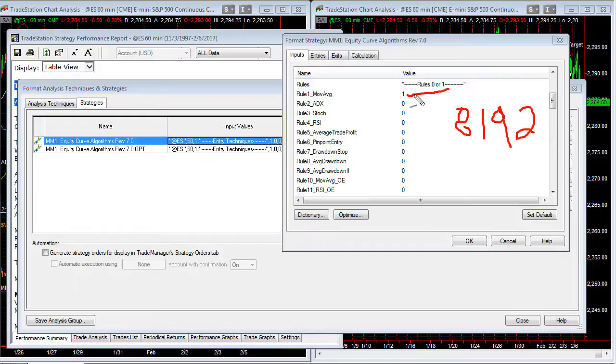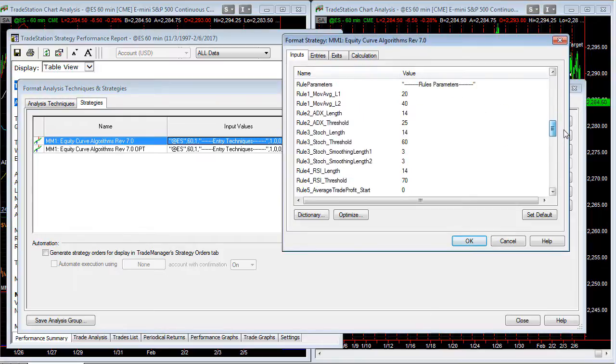If you optimize from 0 to 1 with a step of 1 between rules 1 through 12, there are 8,192 possible combinations. So I have an optimization algorithm that will help you narrow your search, and I'll go over that later. So you set up which algorithm rule you want to use, and then you set the input for that algorithm rule or rules or combination of them in the next section.